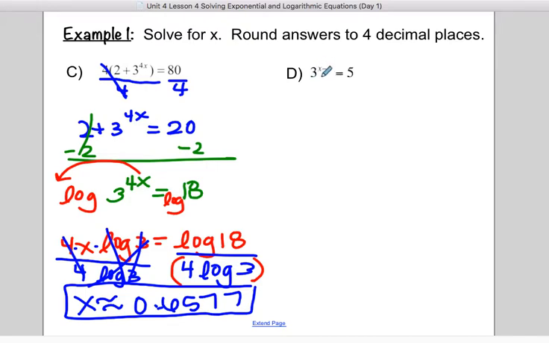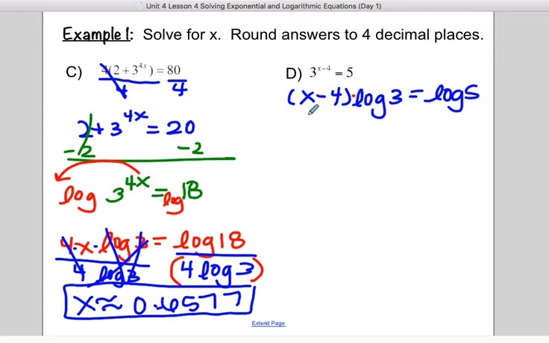Okay, I make sure there's nothing in front, so I can just go ahead and log on both sides. So I'm going to take the log. So I'd have x minus 4 log of 3 equals log of 5. And now I'm trying to solve for x, so it's x minus 4 times log of 3. So I'm going to divide both sides by log of 3.